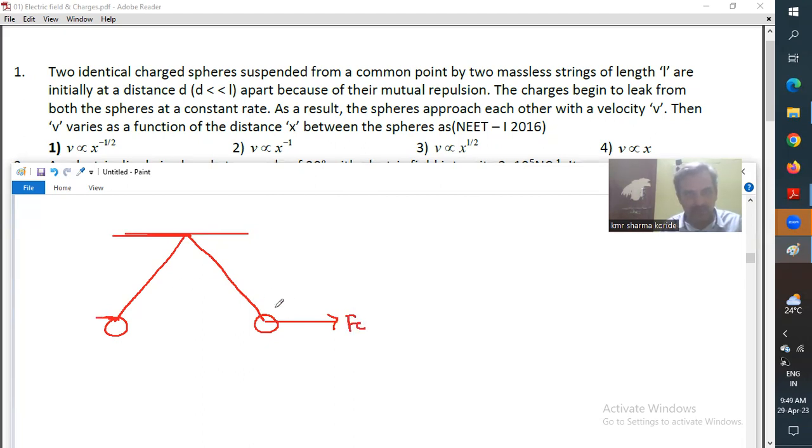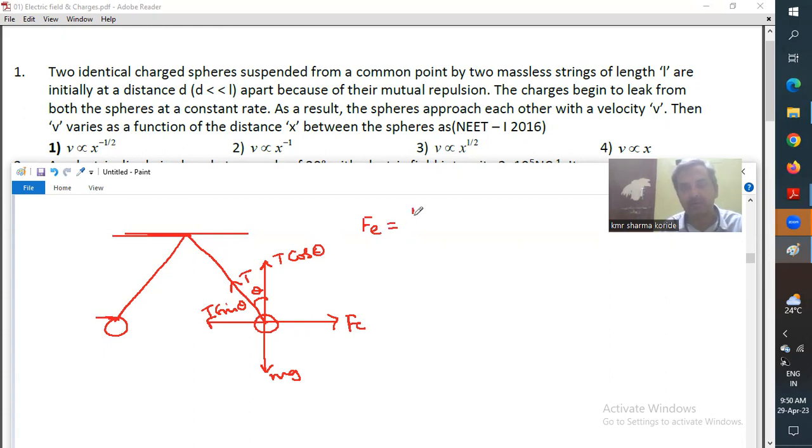There is mg here. Now tension acts towards the point of suspension. Taking tension into two components, T cos theta, when theta is taken here, then the other component T sin theta balances the electrostatic force. So let us write the free body diagram.